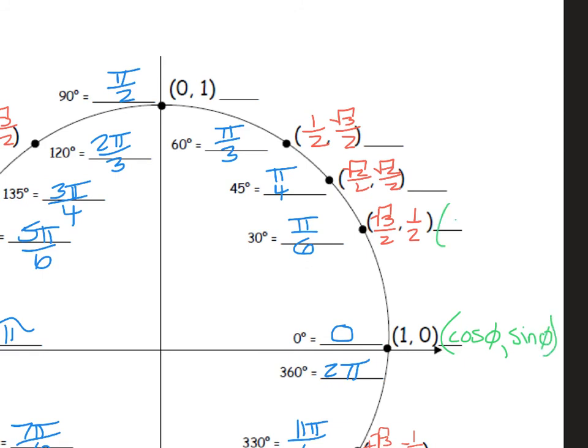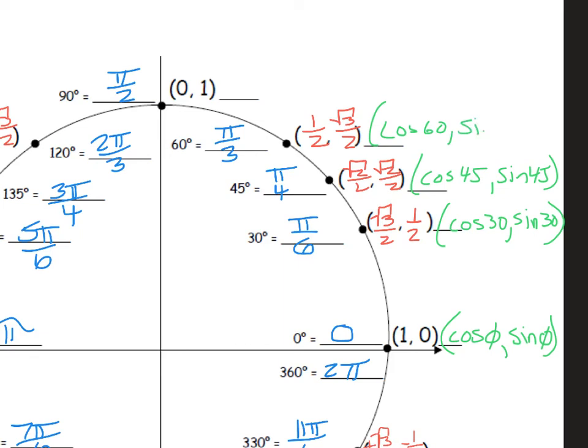Up here is the cosine of 30 degrees, comma, sine of 30 degrees. Up here is the cosine of 45 degrees, sine of 45, cosine of 60 degrees, and the sine of 60 degrees. And up here, cosine of 90, and then the sine of 90.